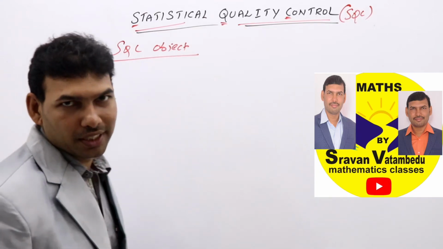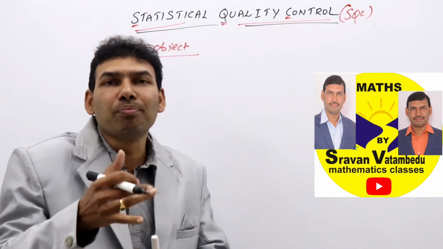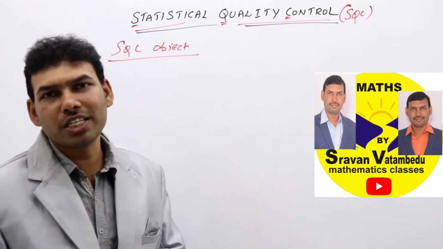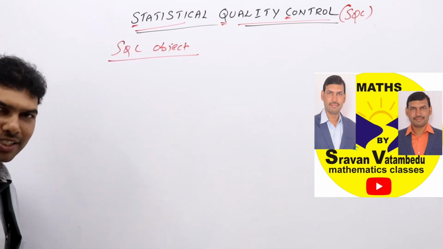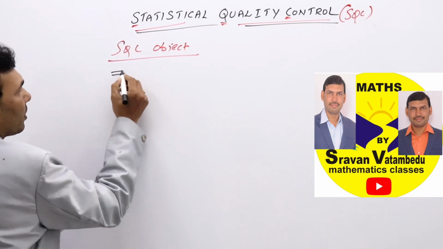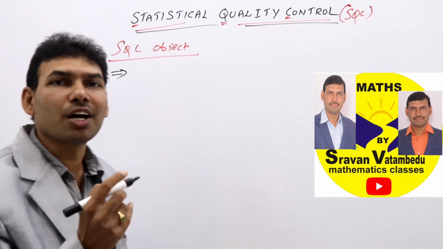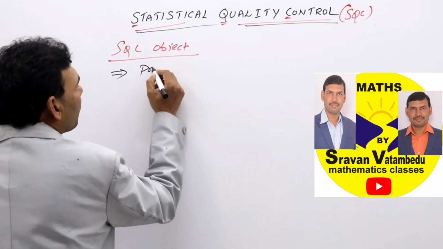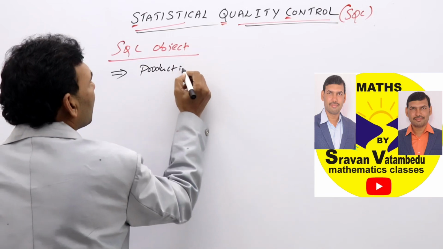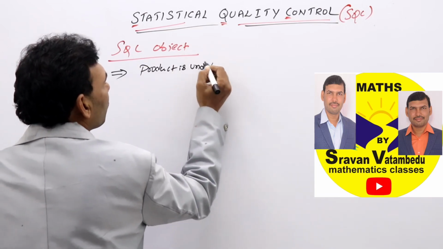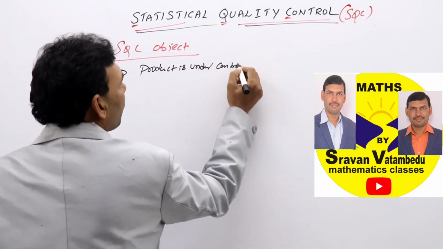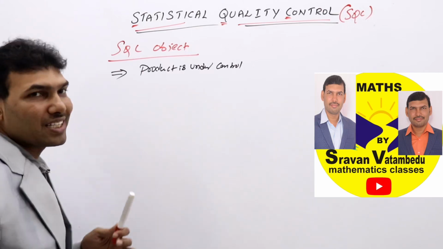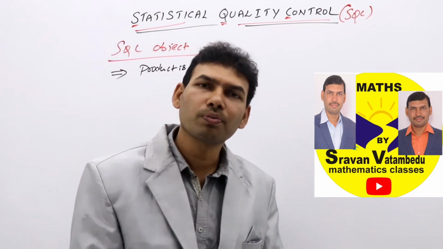The main aim of SQC, Statistical Quality Control, is first, whether the manufactured product is under control or not. The process of production is under control or out of control.